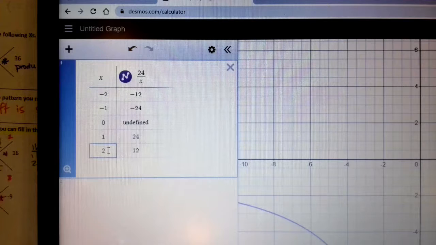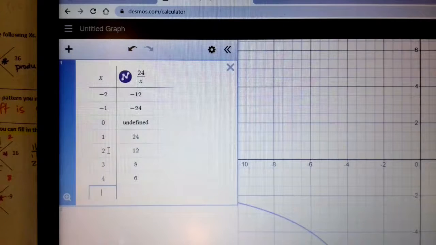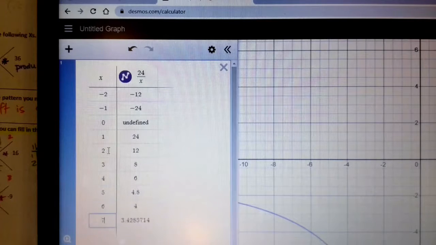But guess what? You can go ahead and hit 3, 4, 5, 6, 7, and you can see all those same values that we were able to see on the calculator. So Desmos continues to be a great resource for you.